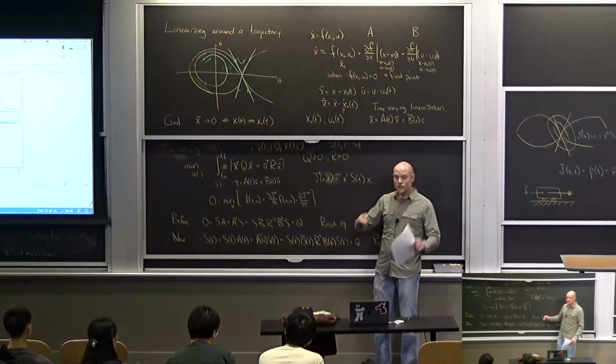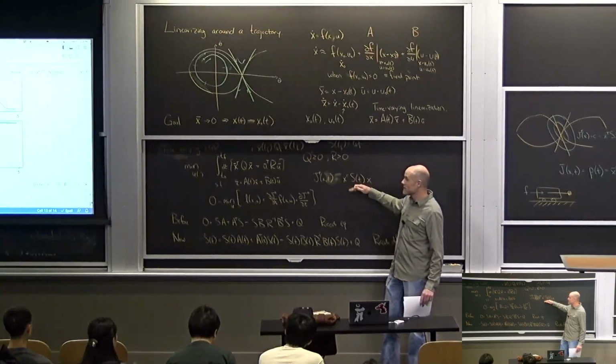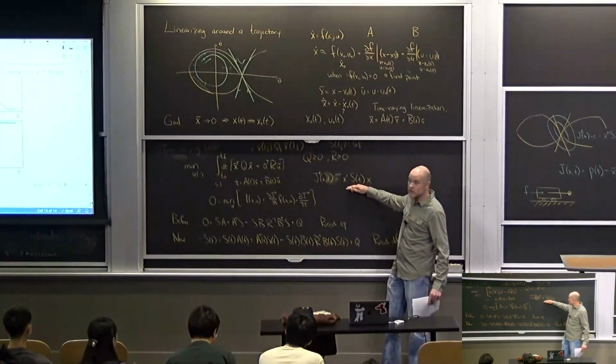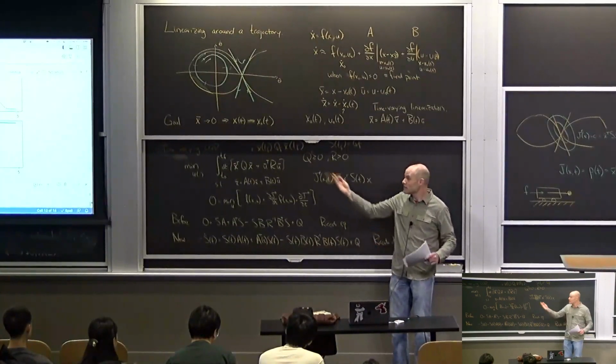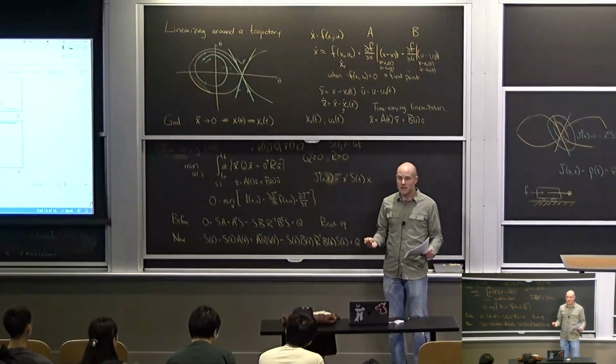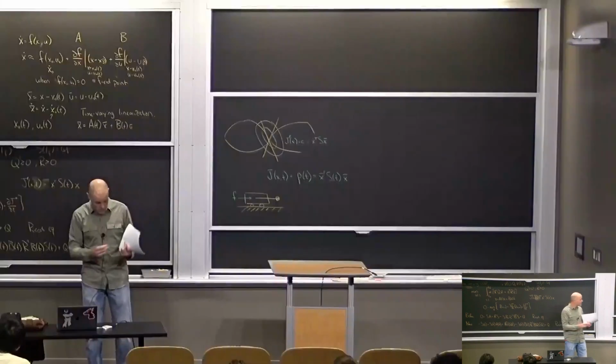And I can talk about its reachability by using, for instance, sums of squares to certify that I stay inside the sub-level sets of my cost to go function. So let me just tell you the basic mechanics of that. Okay.